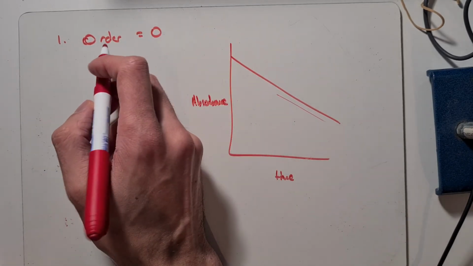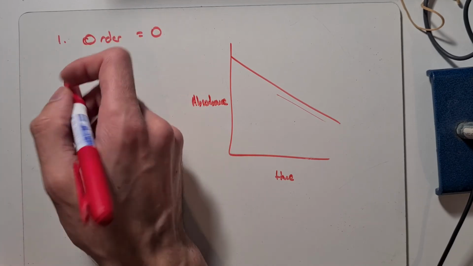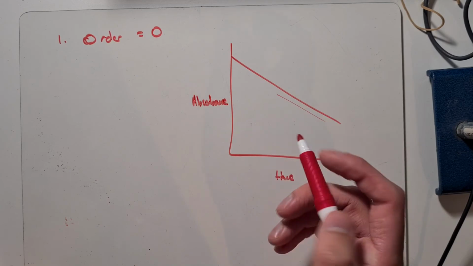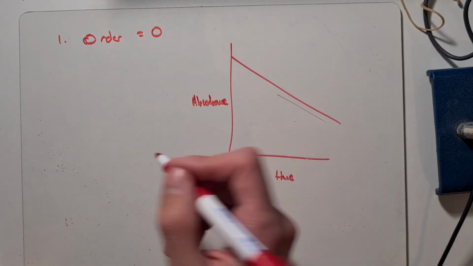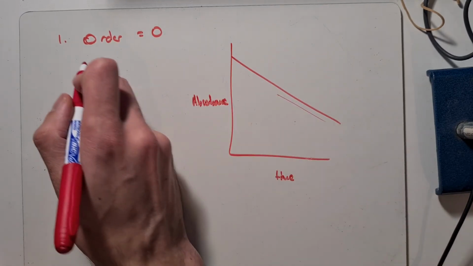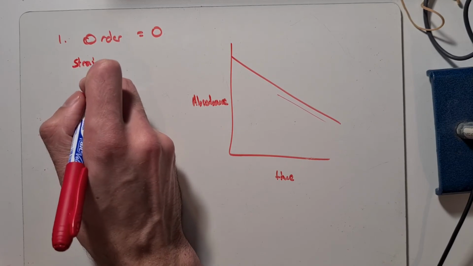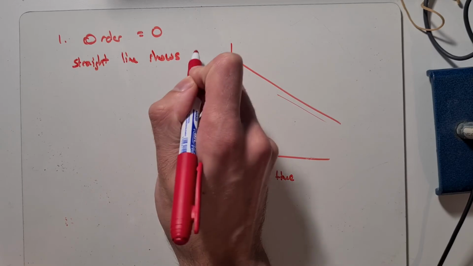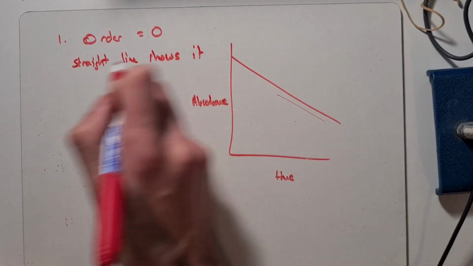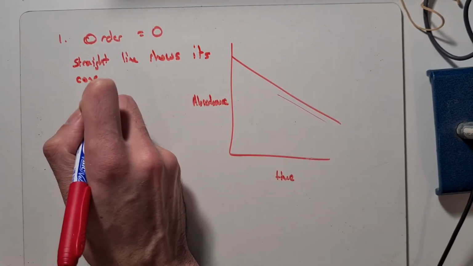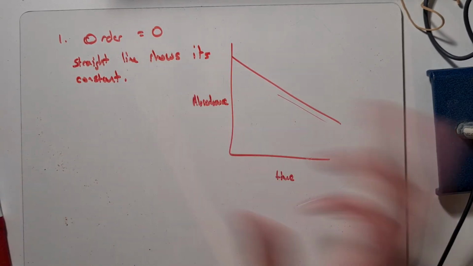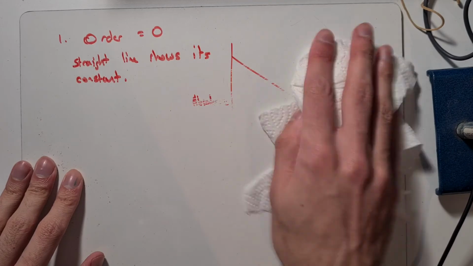So the order is 0, and we can say the rate doesn't depend on the iodine concentration because the straight line shows it's constant. That's how I'd answer it. It doesn't change how fast the reaction goes.